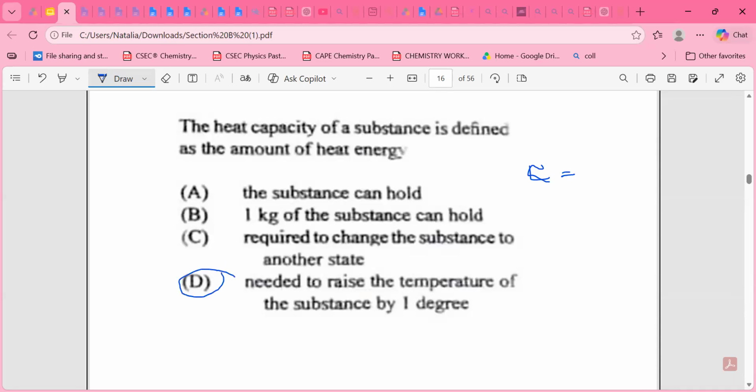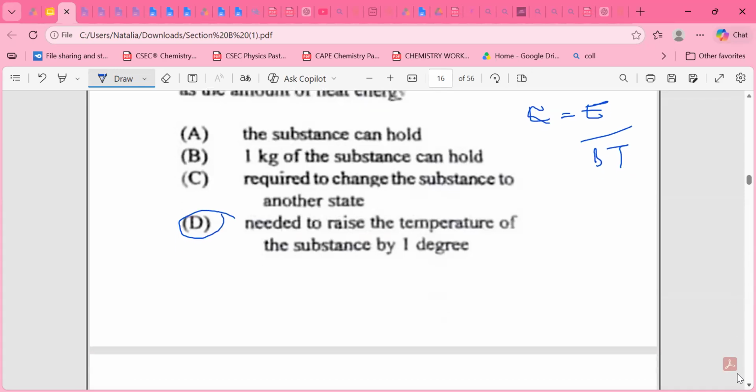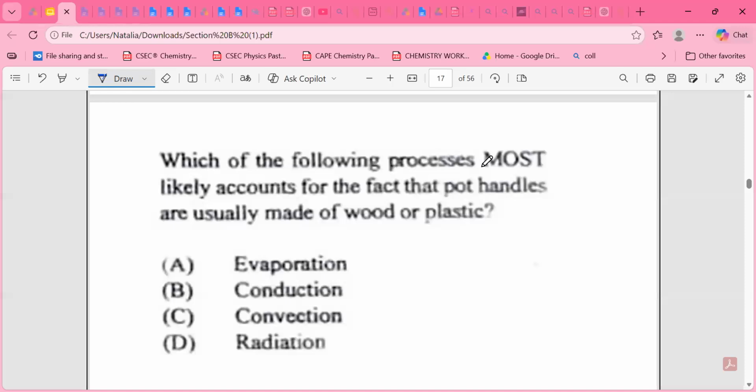So C is equal to the heat energy over delta T. Which of the following processes most likely accounts for the fact that pot handles are usually made of wood or plastic?